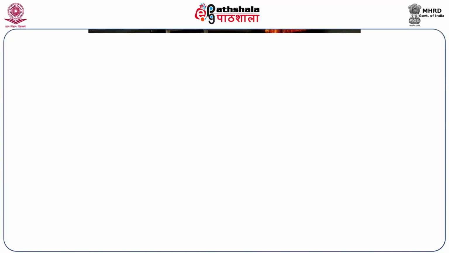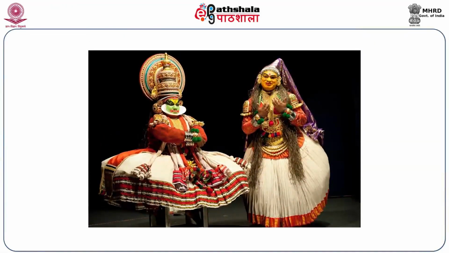When we narrate a story through some art form, that will be the play narration. That is why it is Kathakali. Now you can see this picture and their makeup, gorgeous costume, which takes more than 3 to 4 hours to dress up, and their wonderful costume designs and the makeup with different colors.